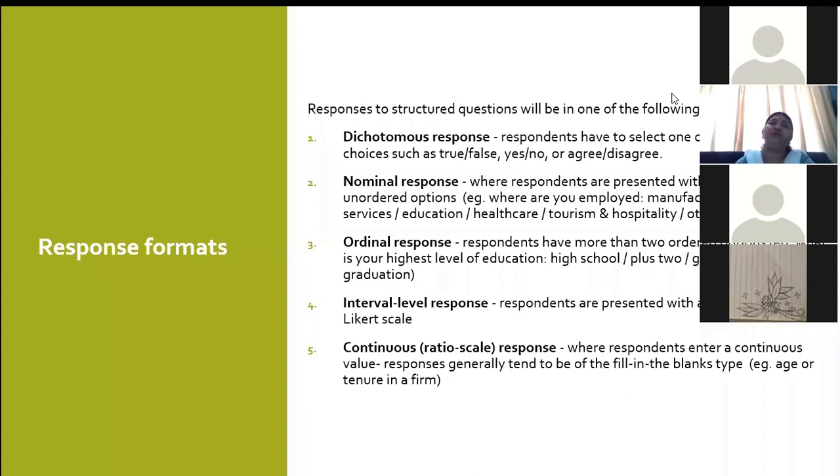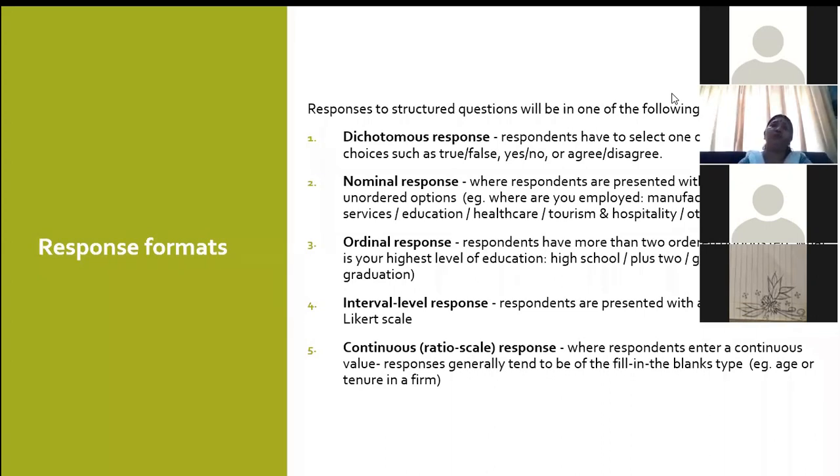The third format is ordinal responses. Here, respondents have more than two ordered options. The important thing that you have to notice is that the options are ordered options. So some kind of ranking is there. What is your highest level of education? Then options are high school, +2, graduation, post-graduation.